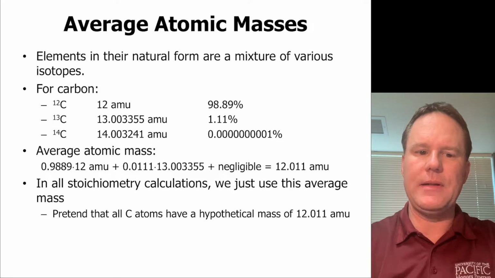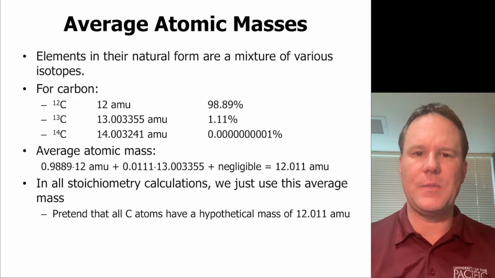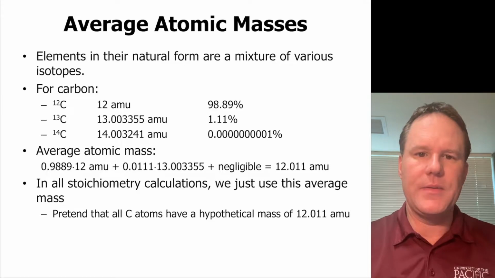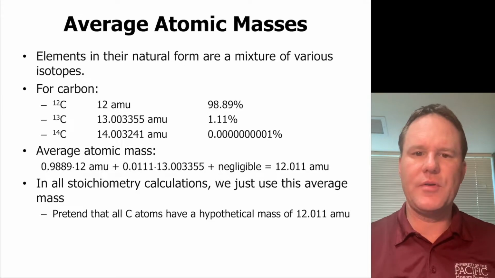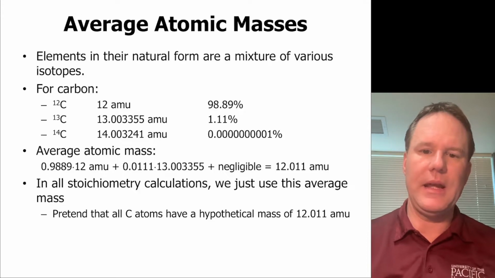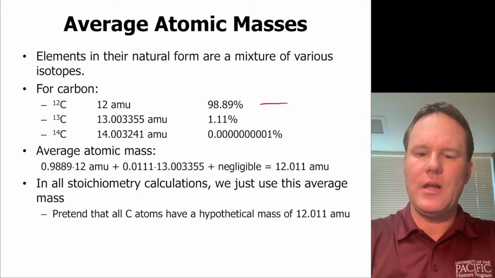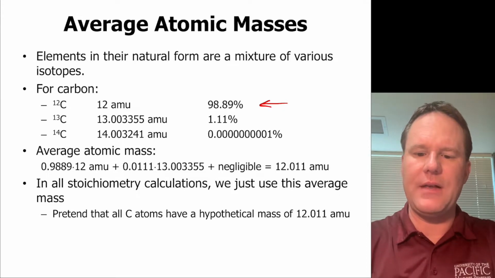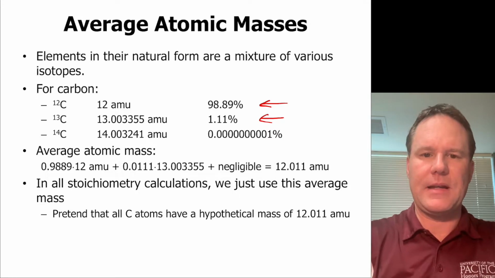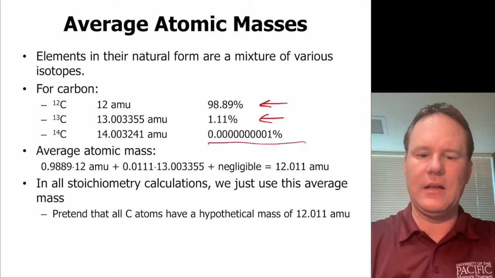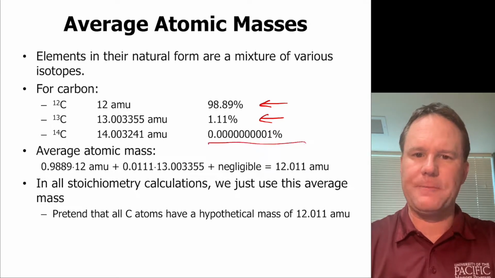Well, remember that elements in their natural form have various isotopes, and we even saw a video in chapter 2 about the use of these isotope distributions that actually vary from place to place. Not a lot, but a little bit. And so for carbon, for example, you have about 98.9% carbon-12 and about 1.1% carbon-13 and very, very little carbon-14.